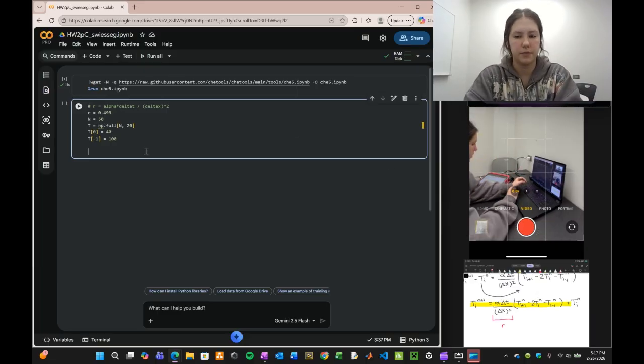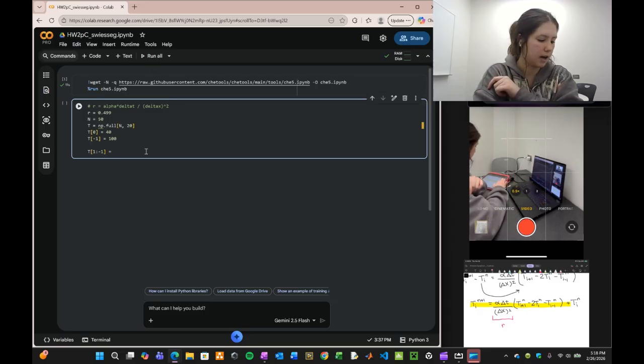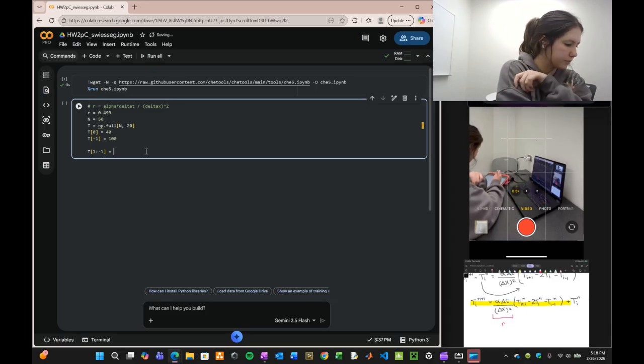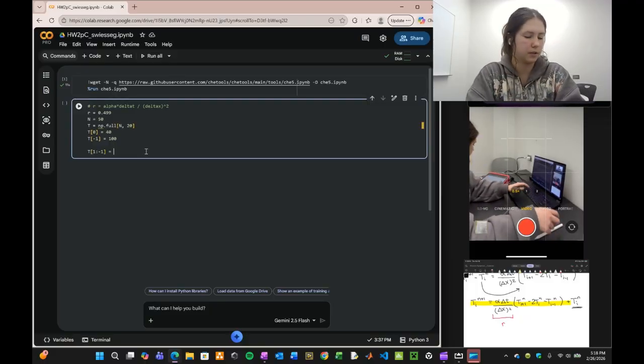So now we have to define our temperature for all of the other sections. So from 1 to the last one, it's going to equal this Ti here, so we'll write that first.